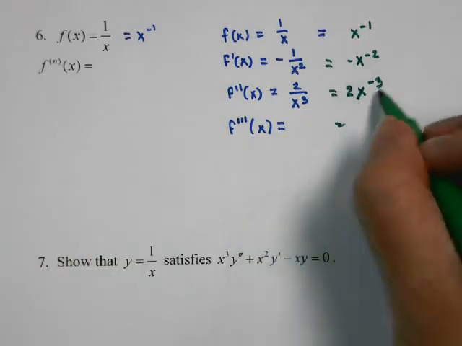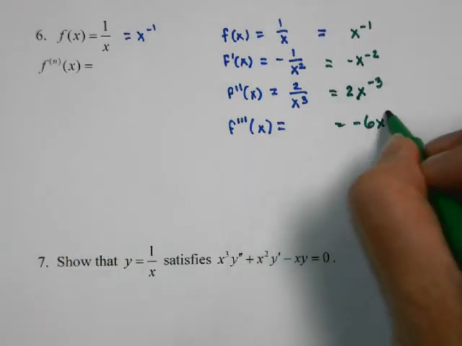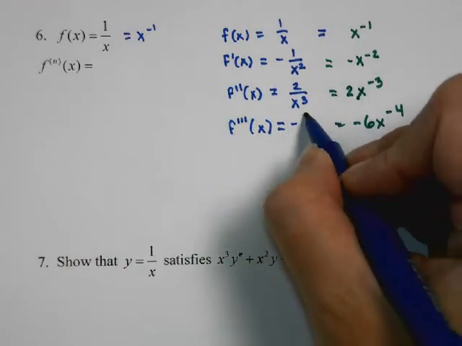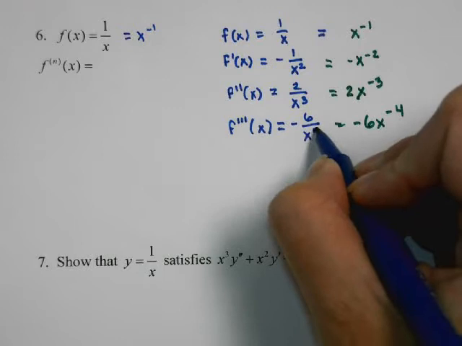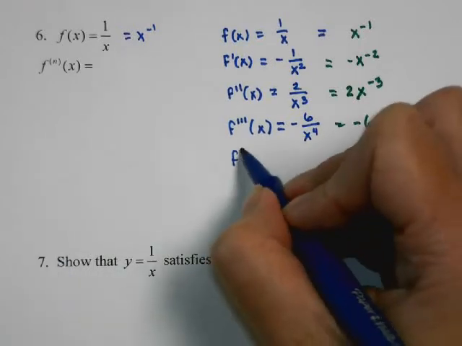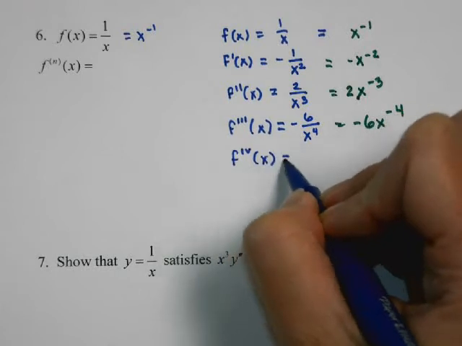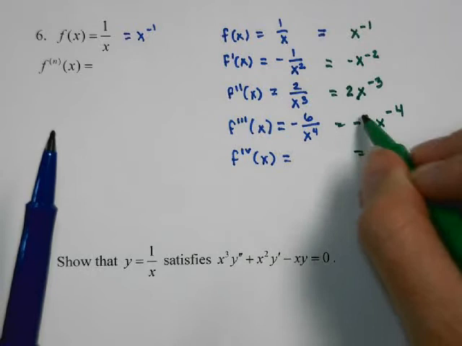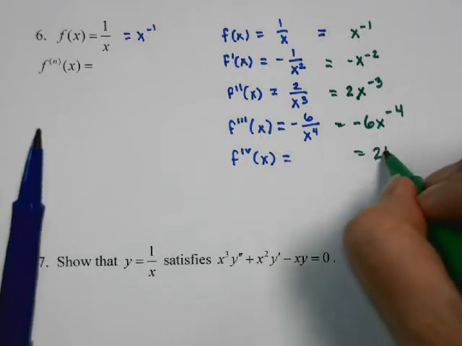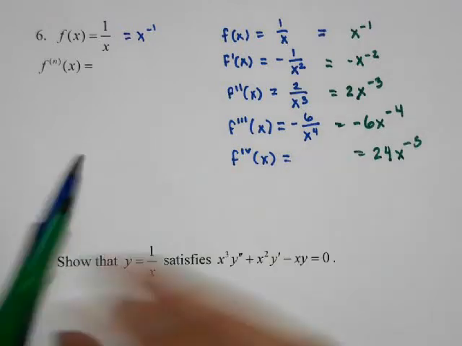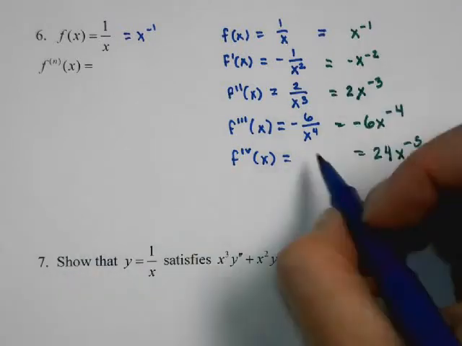If I take that derivative, this is going to be a negative 6x to the negative 4, or negative 6 over x to the 4th. I'm going to do one more. Okay, I'll do this one first again. So 4 times negative 6 is 24 x to the negative 5.